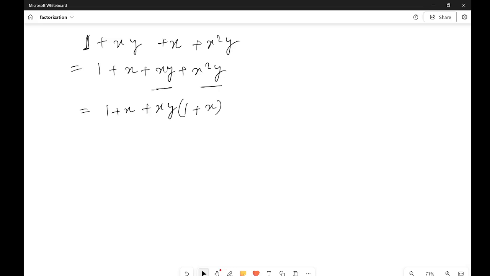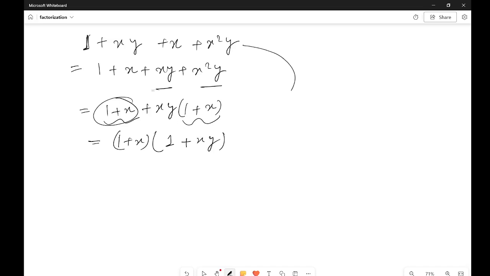So do you see here, 1 plus x and 1 plus x, this is common as an expression. So I will take 1 plus x entire, and what will I have in the other bracket? 1 plus, from here if I take 1 plus x common, I will have remaining xy. So the factorization of this expression is 1 plus x, another bracket 1 plus xy.